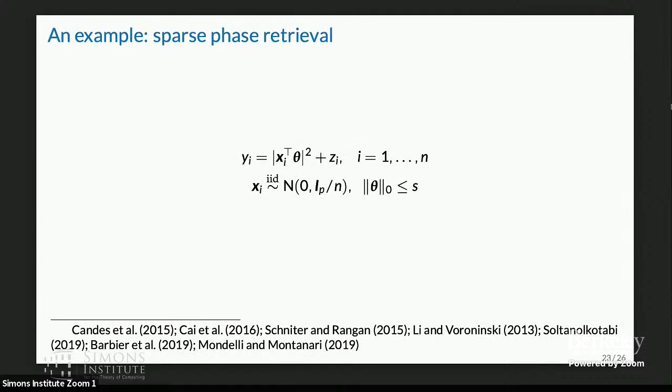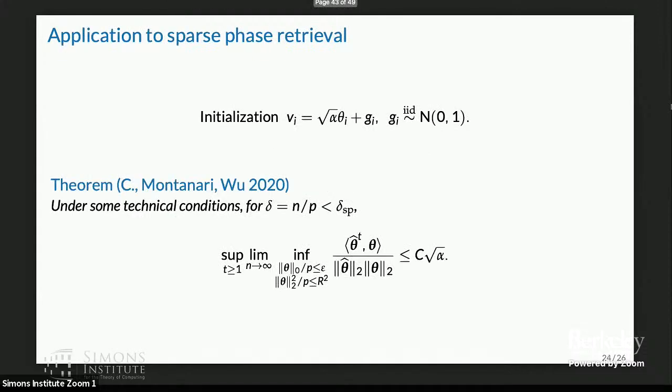So do I have time? Maybe I'll stop here. So I'll just quickly say a bit more about the sparse phase retrieval model. Here's a theorem that you can get from our results: if you have some side information that is Gaussian, then if you're below the spectral threshold, which is the threshold above which spectral methods begin to achieve non-trivial correlation with the unknown parameter, then you have this minimax bound.